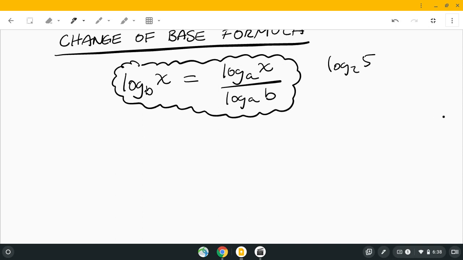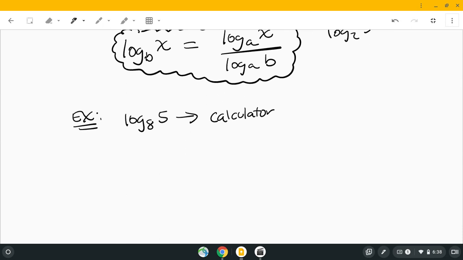All right, so let's go ahead and try one. If I have log base 8 of 5, then if I look on my calculator, I will see that I don't have a log base 8, so I would use my change of base formula. The only bases I do have on there are log base 10 and log base e, common log and natural log. And it doesn't matter which one you use.